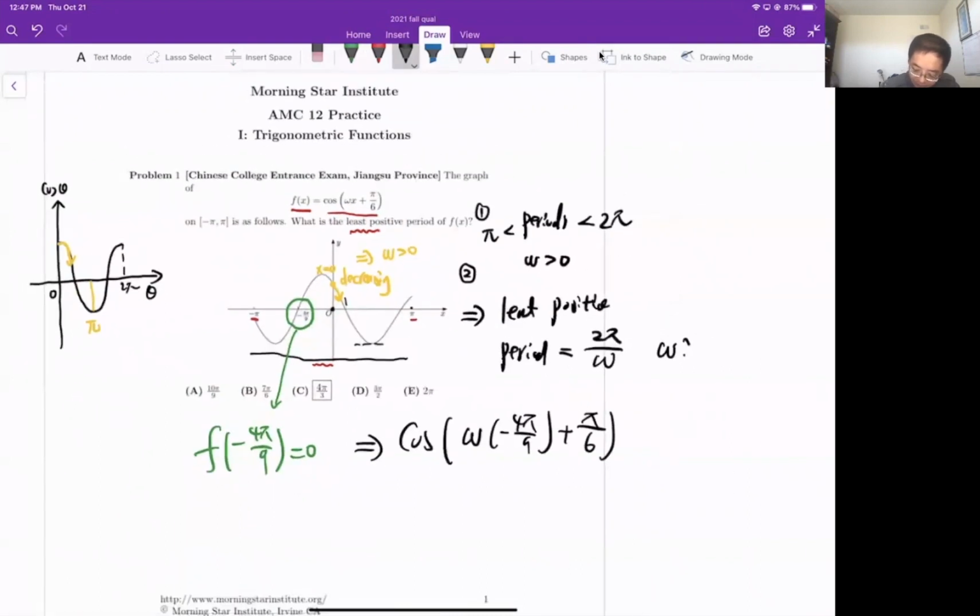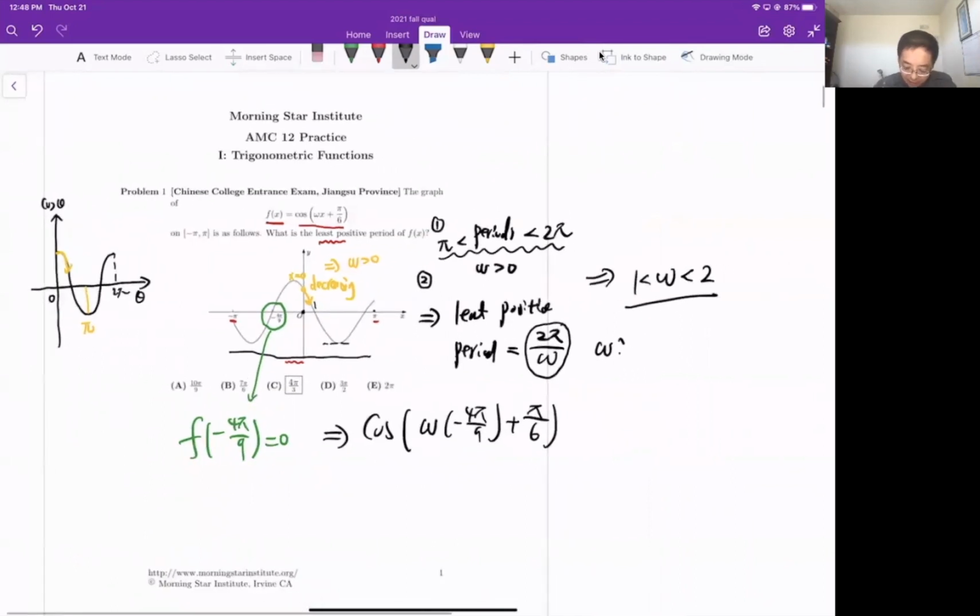Now, because the period is between π and 2π, and the least positive period is 2π over omega, we can derive that omega is bigger than 1 but less than 2.